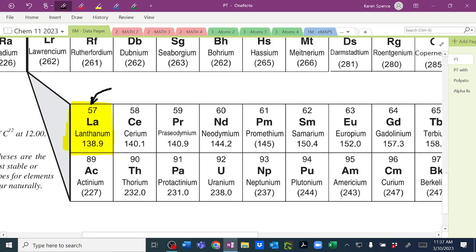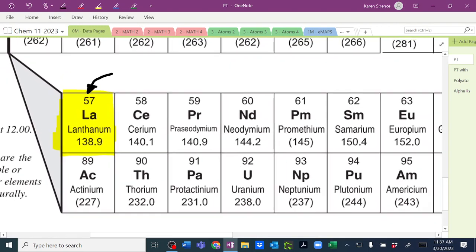Say it to your partner. Try and pronounce it. It's literally just 3 syllables. What's the first syllable? Lan. What's the second syllable? Fan. And the third syllable is... So it's lanthanum. And what is this row called? They are called the lanthanides.